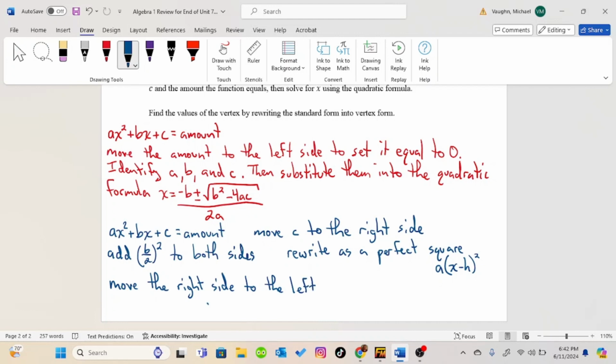This will give you a times x minus h squared plus k equals 0. And now you will have your vertex at hk.